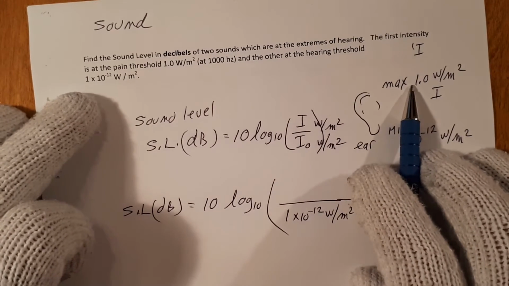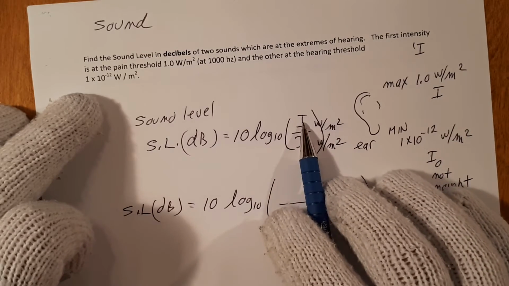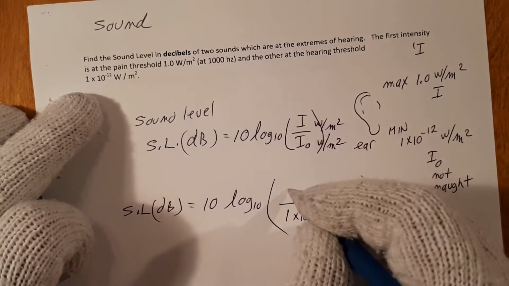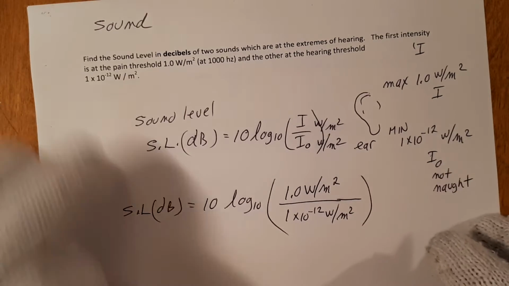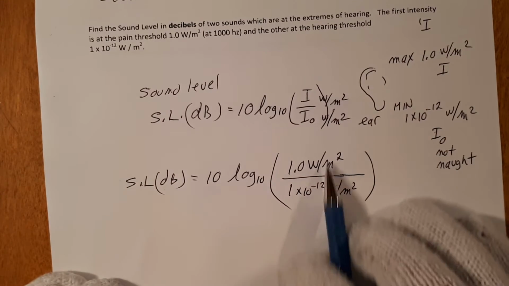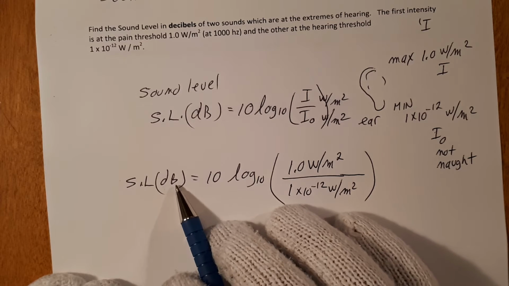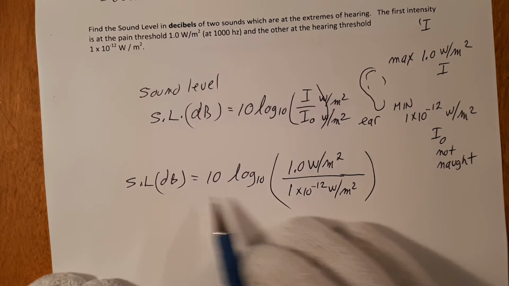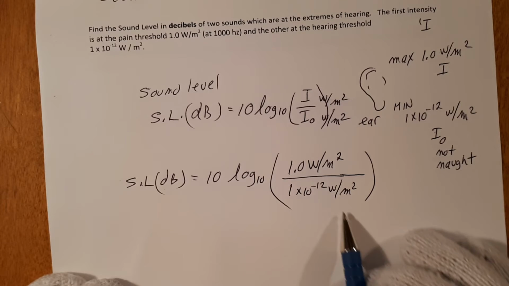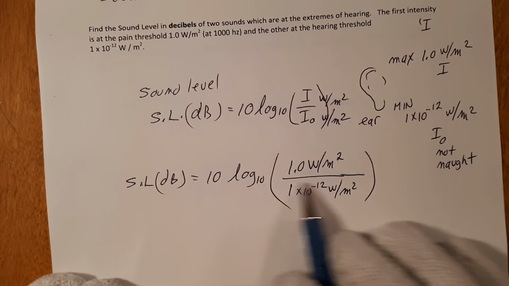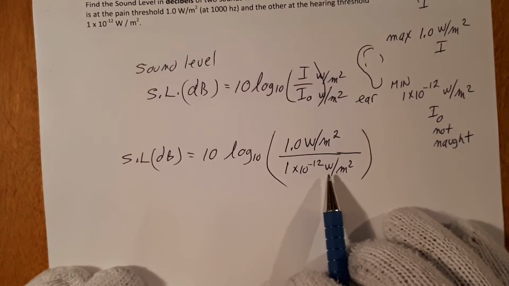And at the maximum that we can hear, which will be I, is 1. If you were to reverse these two, you just simply wind up with a negative value here, and you just put it back such that you get positive. So the equation is all set up, nothing left to do here except to put this in the calculator and solve.